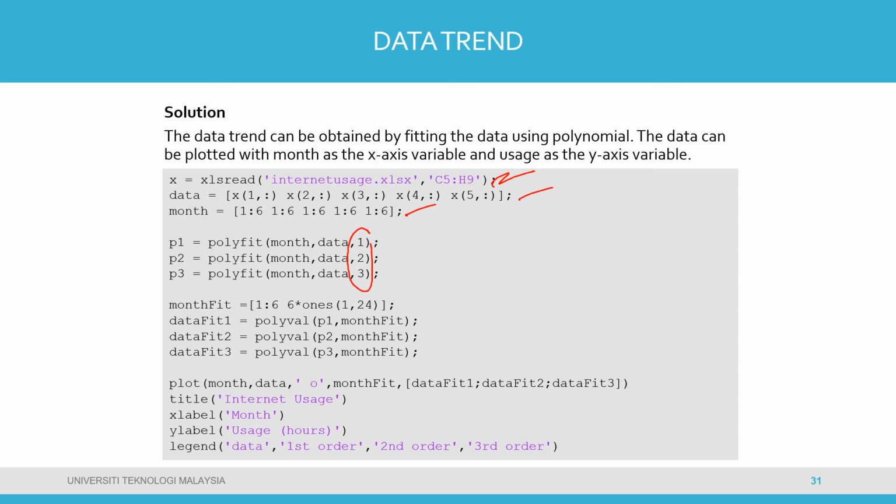You don't know which one is good for this plotting. So to do this, usually you have to choose different values and test them one by one. If the data follows the curve fitting, you use that degree. That's why you have to manipulate this data.